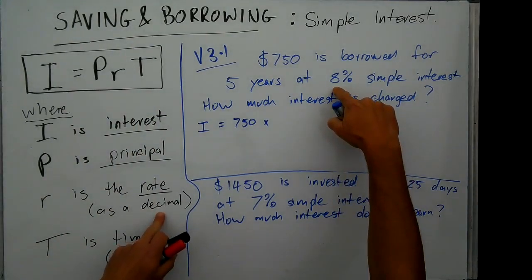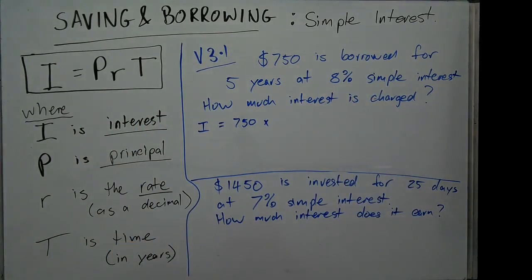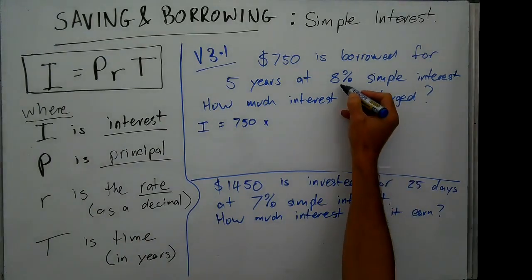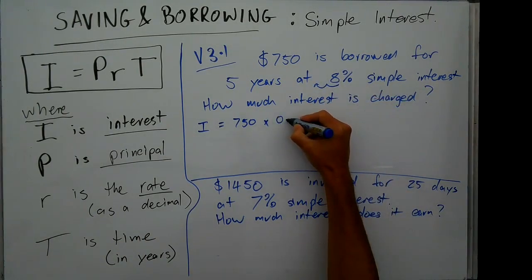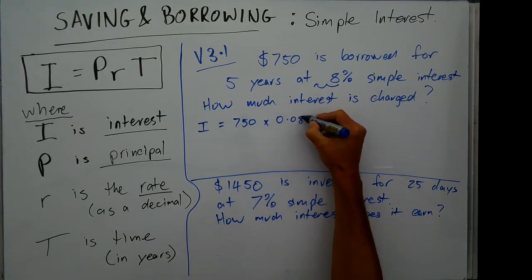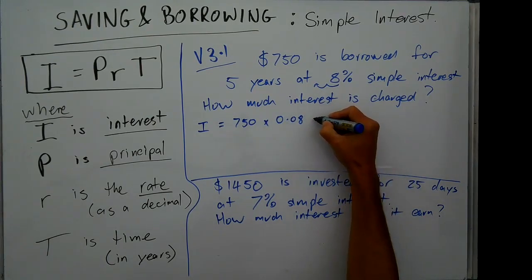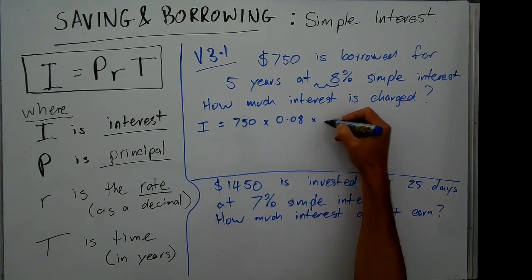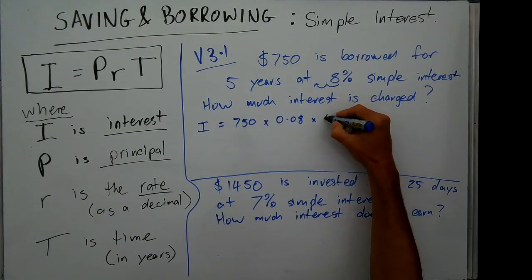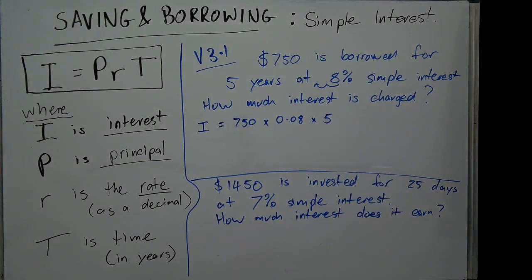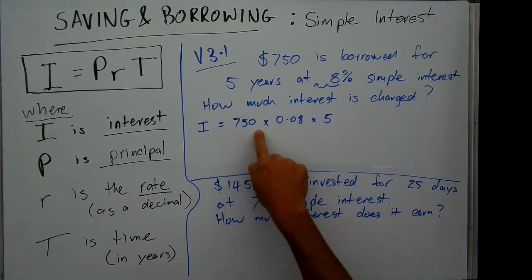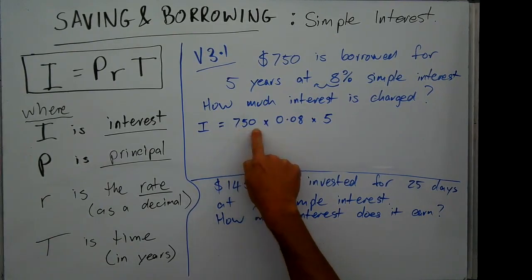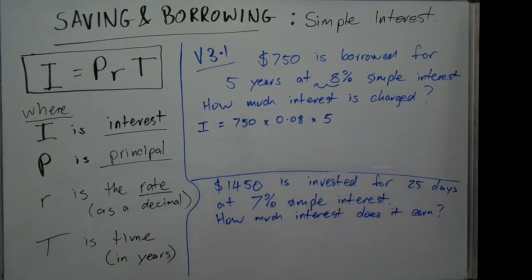So we've got 8%. So we're going to have to shift the decimal place 2 spaces. So we're going to end up with 0.08. And then multiplied by the time in years is 5. So without that bit, we'd be working out what's 8% of this amount, and that would be for 1 year, and then we're just multiplying it by 5.